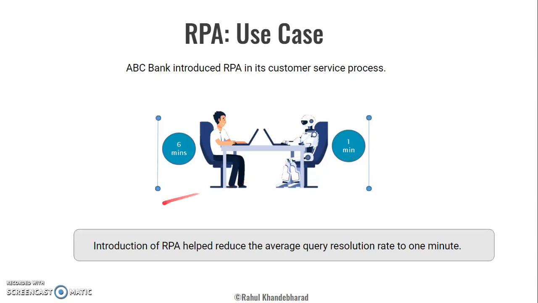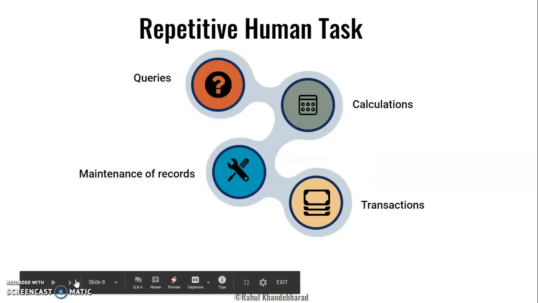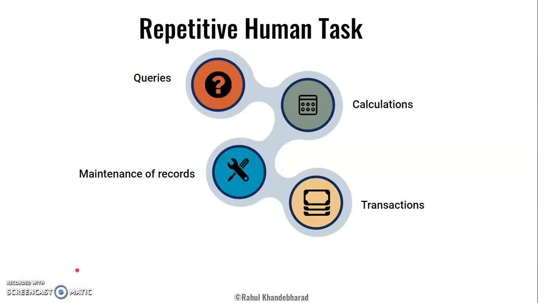So what are some of the repetitive tasks that we need to do? Here are some of the repetitive tasks that humans need to do in industries: handling queries, as we have already seen in the example of the bank. Then doing calculations, that is banking calculations or the rest of the financial calculations, whatever they may be. Then maintaining records, like customer relationship management records, ERP and most of those records.